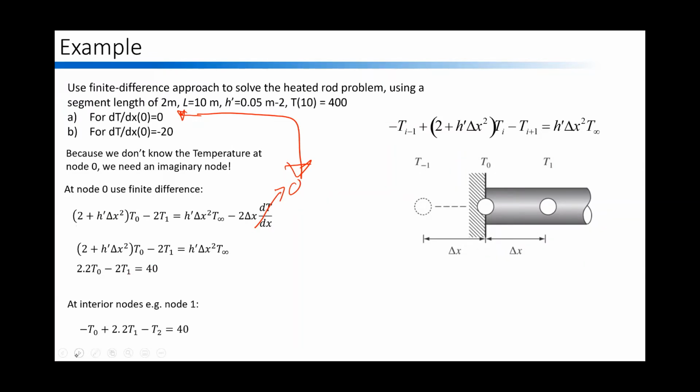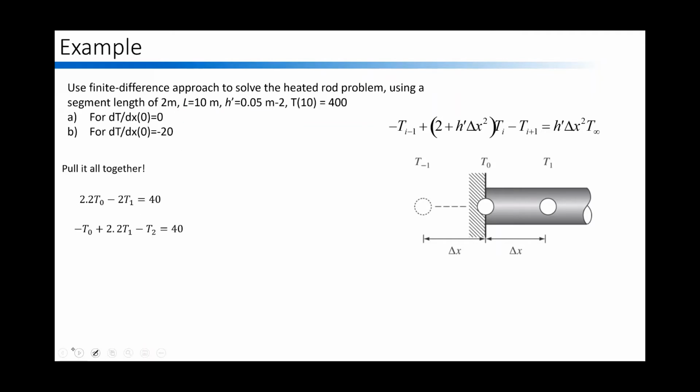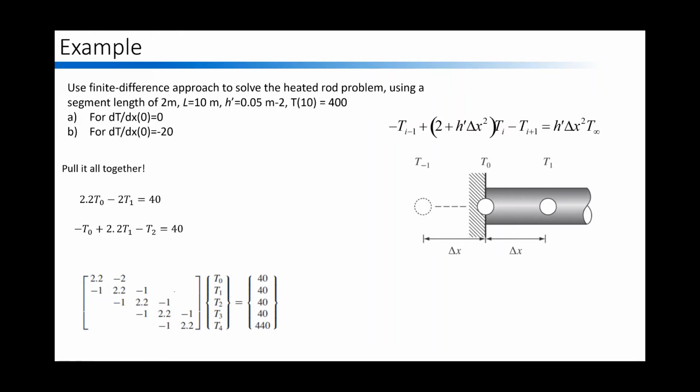And then I can look at all the interior nodes, which are exactly the same as we had for the Dirichlet boundary conditions. So I could set those all up together, just like we did before. I can write out the equation for not just the T1 point, but the T2, T3, and T4 points, and sum it all into a linear algebraic problem.